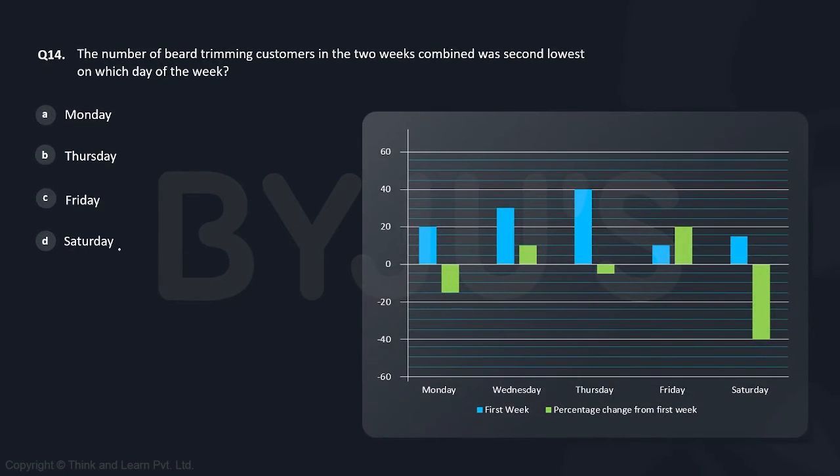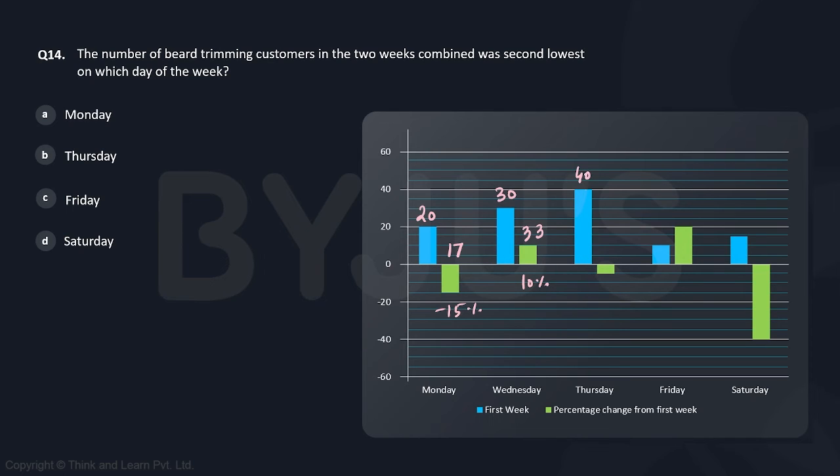What does 14 say? The number of beard trimming customers in the 2 weeks combined was second lowest on which day of the week? So now we have to calculate all of these values. Let's do them. So this was 20, then it decreased by 15%. So I can say it is equal to 20 minus 15% of 20, it is 17. Similarly, it was 30, then it increased by 10%, 30 plus 10% is 33.